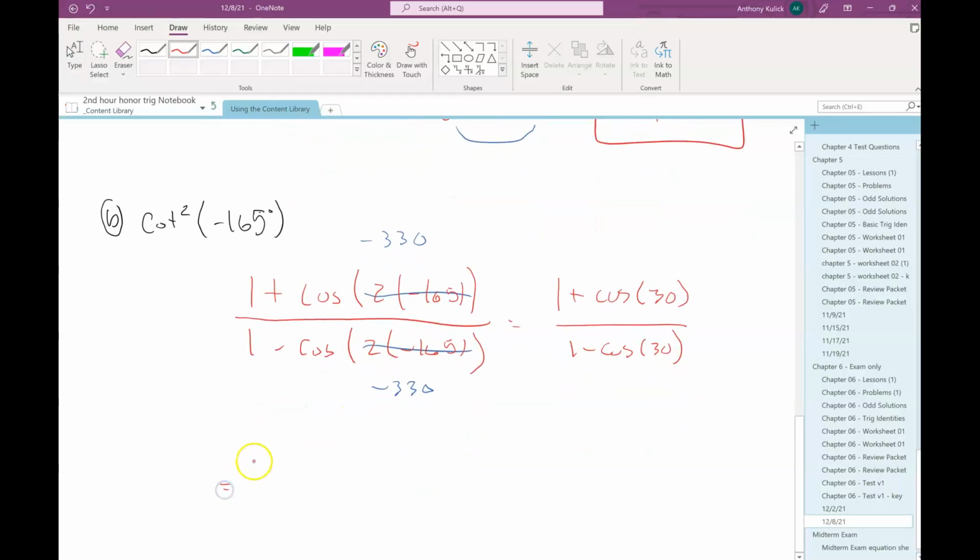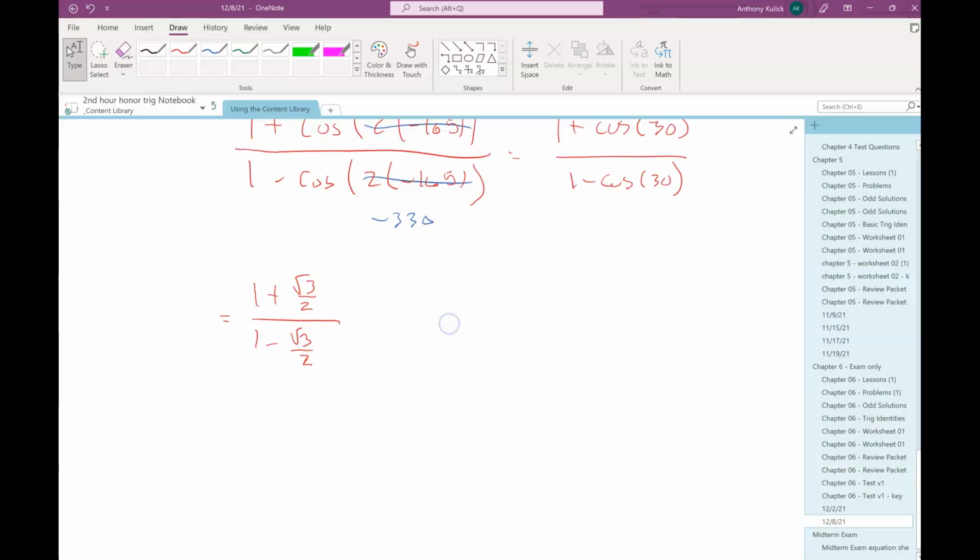I go to my unit circle and I look up cosine of 30 degrees is root 2 over 2. I'm sorry, is root 3 over 2. Excuse me. Is that okay? Let's get rid of the fractions inside of fractions.